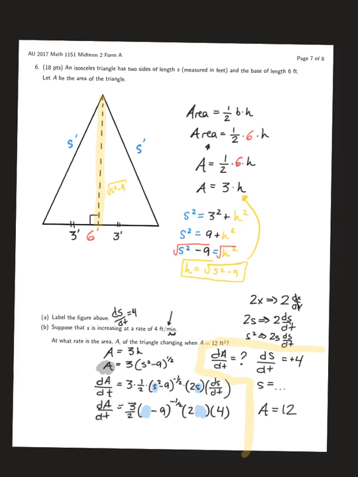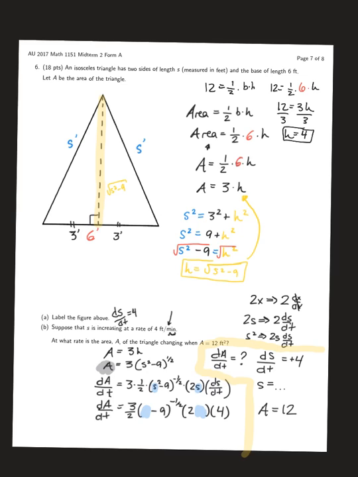If area is equal to 12, that means 12 is equal to 1/2 times base times height. We know the base is 6. So that means 12 is equal to 3h, divided by 3 on both sides. That means that the height is equal to 4.